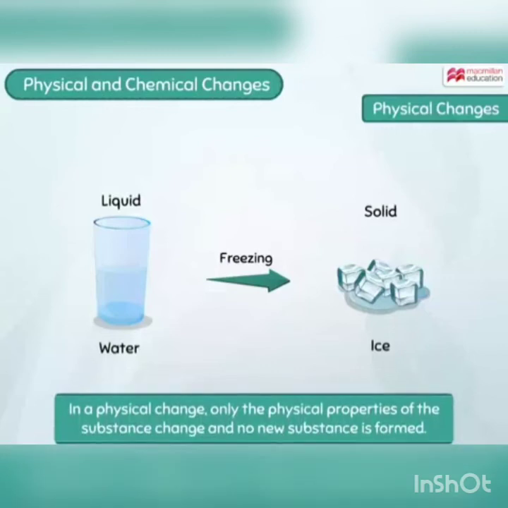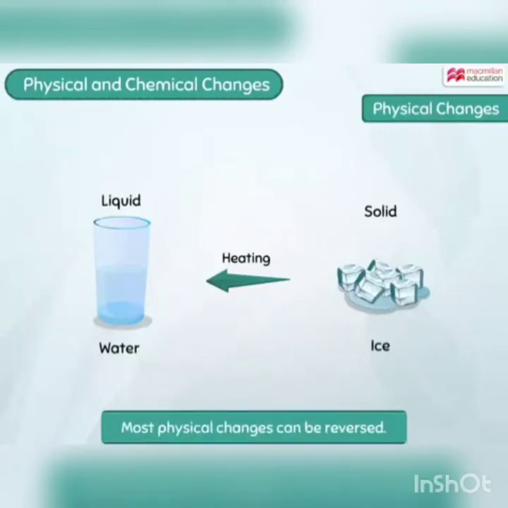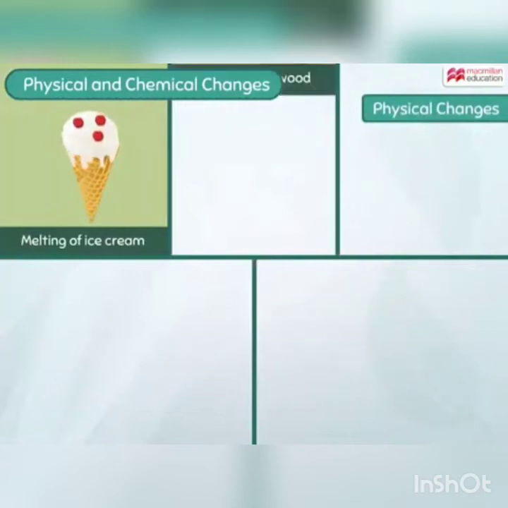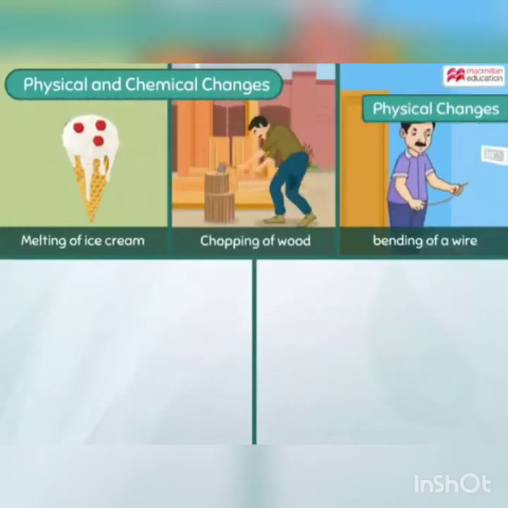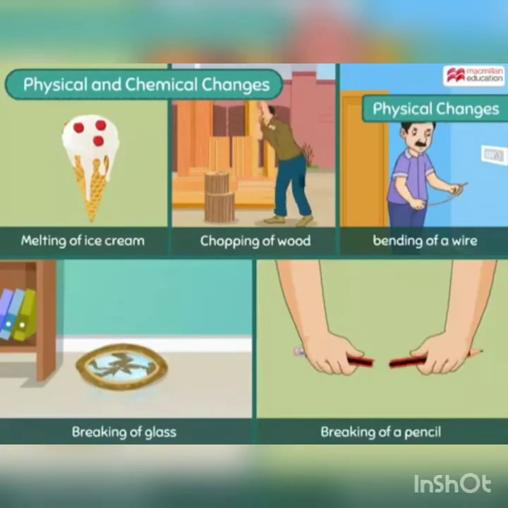Such a change, where only the physical properties of the substance change and no new substance is formed, is called a physical change. The formation of ice can be easily reversed by heating the ice to form water. Most physical changes can be reversed. Melting of an ice cream, chopping of wood, bending of a wire, breaking of a glass, and breaking of a pencil are physical changes.